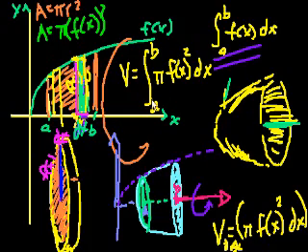So hopefully that makes sense to you. Just remember, this is the depth, this is the width of each disk, this is the radius of the disk, or the radius of the surface, so we square it. That's the height, f of x. And we have pi r squared, so that's where the pi comes from. Some people just memorize that. I don't recommend you do that, and we'll see that later.